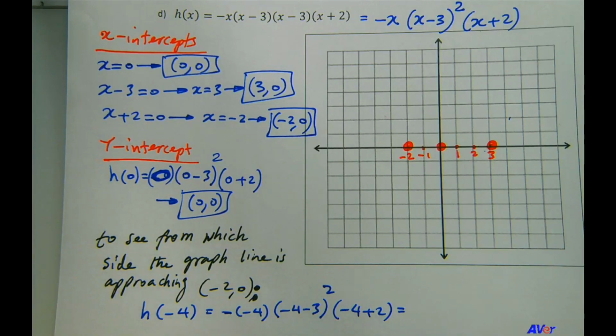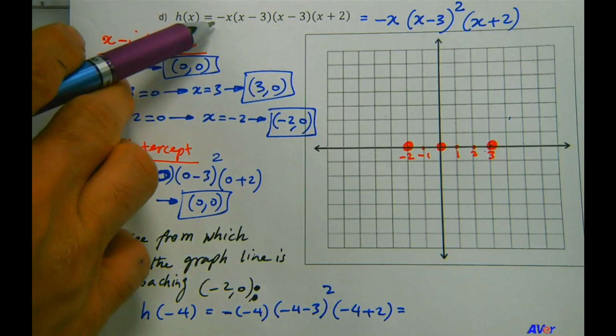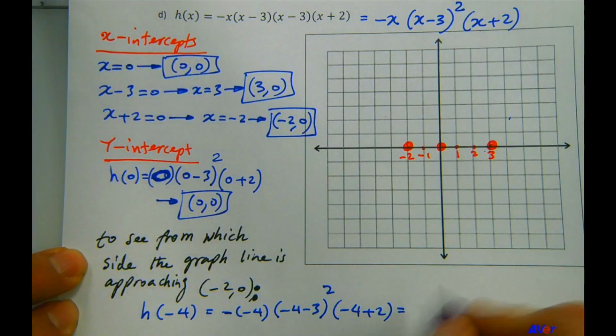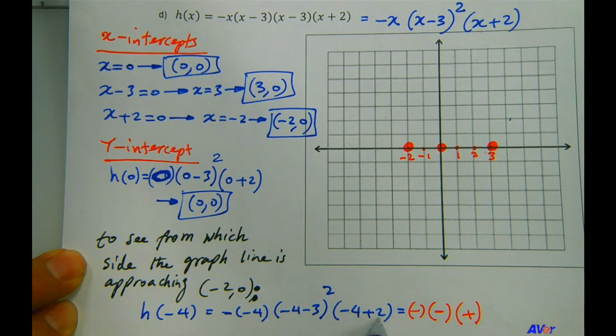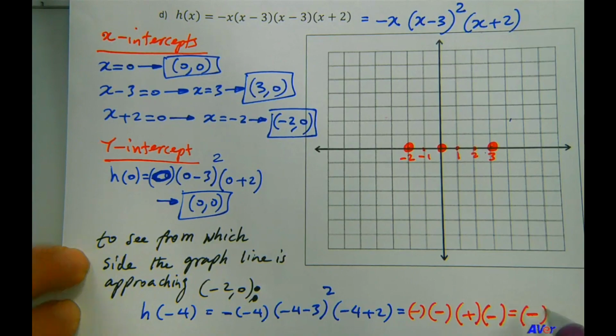We have a minus in front. So minus times x, that's -4, so that's another minus. This is going to be positive, right? -7 squared, some positive value. -4 plus 2 gives us some negative value. So minus times minus times plus times minus, we have a minus result.